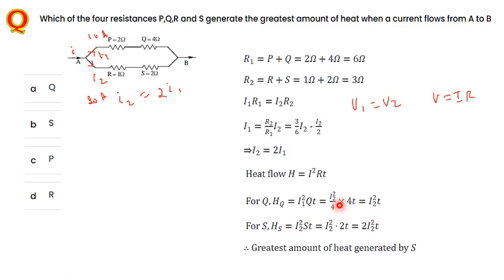So 4 will be cancelled, I2 square into T. In this case, if the current flowing towards here is the same one, you just substitute the value, what you are getting is 2 I2 square. Already I told this one, this is twice the amount. So if current flow is maximum here, the greatest amount of heat energy can be generated here as well. So from this one, which resistance produces more heat energy here is yes.